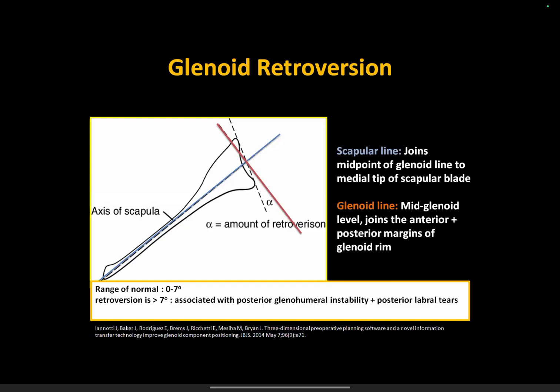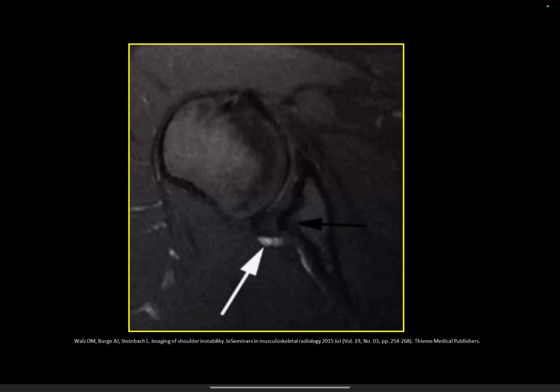Then you draw the glenoid line, which runs from the anterior to the posterior margins of the glenoid. Then you measure the angle between these two lines. This should be between 0 and 7 degrees. If it is more than 7, then we have a high likelihood of posterior dislocation and thus posterior labral injuries as well.